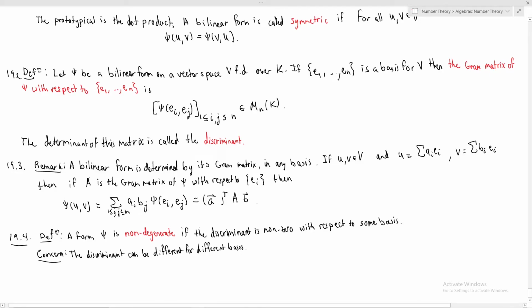Okay, so this can certainly happen. However, changing the basis amounts to multiplying this guy by two invertible matrices. So if this has non-zero determinant with respect to one basis, multiplying by invertible matrices isn't going to change that. We'll talk more about this in later lectures, like what happens when I change basis. But for now, you should know that the above is a well-defined condition.